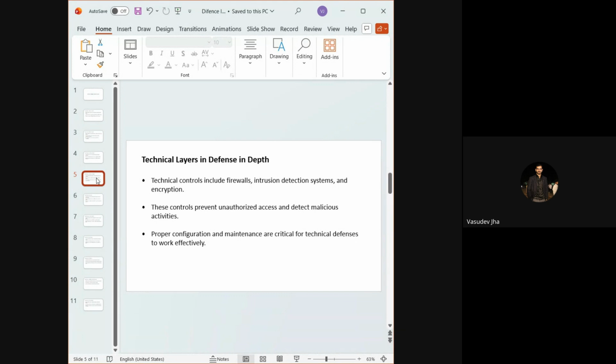For that, proper configuration and maintenance are critical, because if we are working in an environment like a SOC, configuration is an important thing.